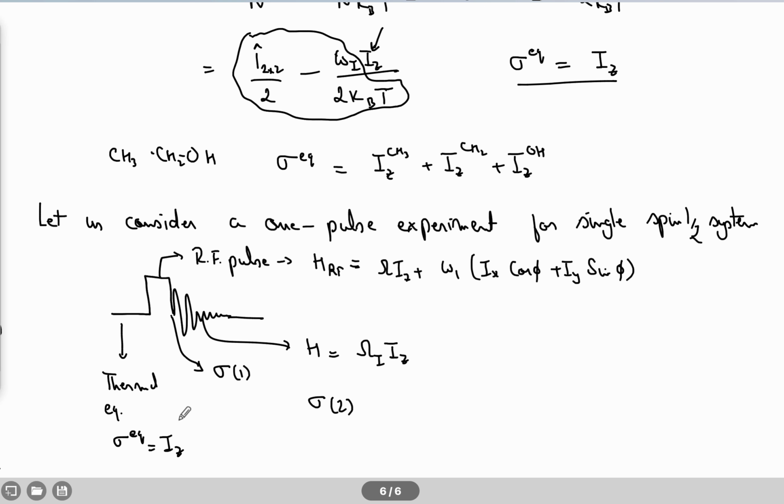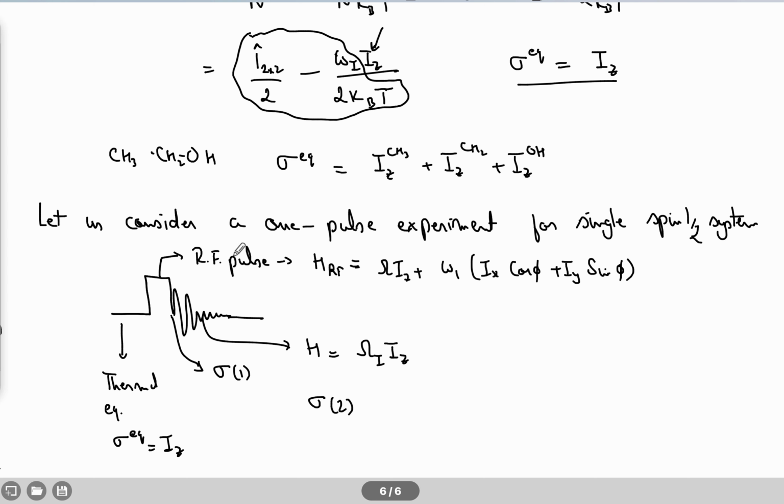So what we have to do is calculate sigma 1 because of the perturbation of the RF pulse on sigma EQ, then followed by this chemical shift evolution on sigma 1, we will calculate sigma 2. That is our goal, to see how the density operator is changing because of these two Hamiltonians.